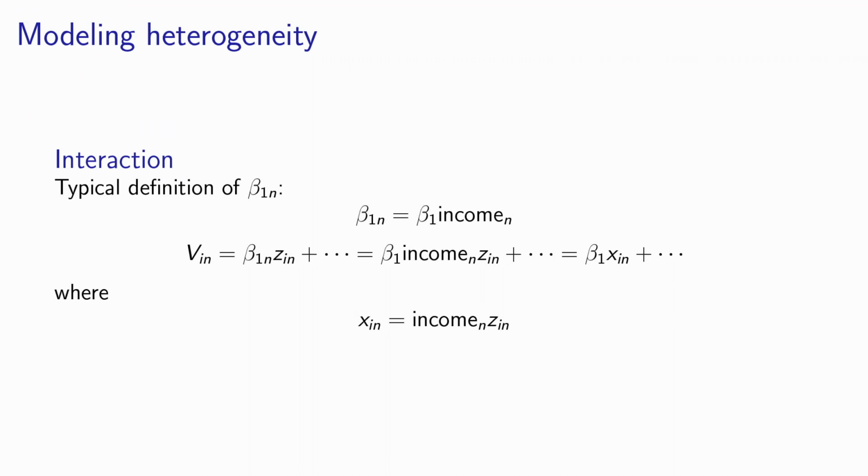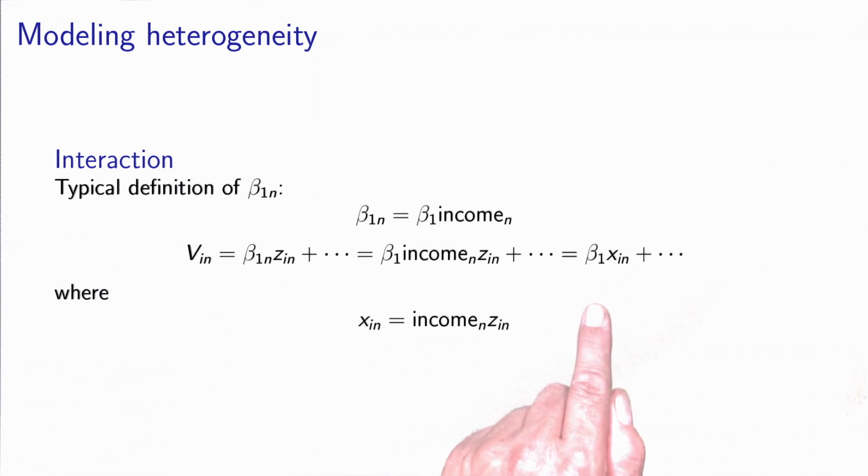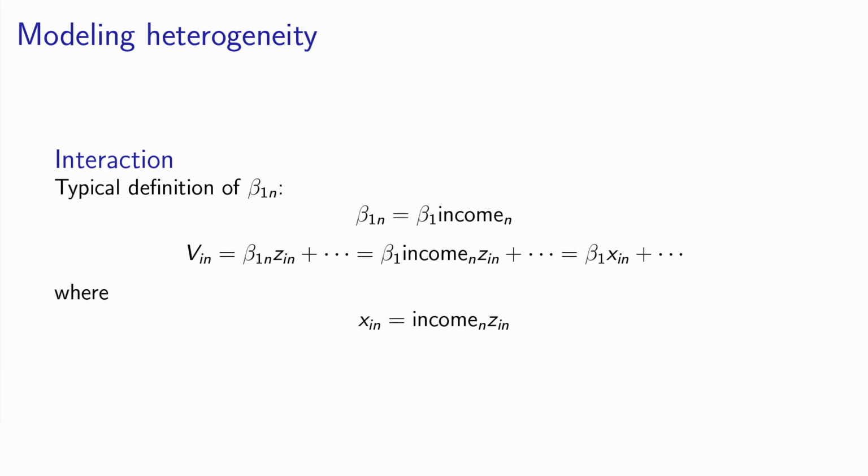So now we plug this specification in the utility function to have this. So we have beta 1 times income times z, which is the variable. And actually there is a very interesting way to see this specification. Let's denote income times z by xin. So xin is defined as the product of income and zin. If we do that, then we are back to the original specification of a linear in parameter formula. It's beta 1 times a variable.